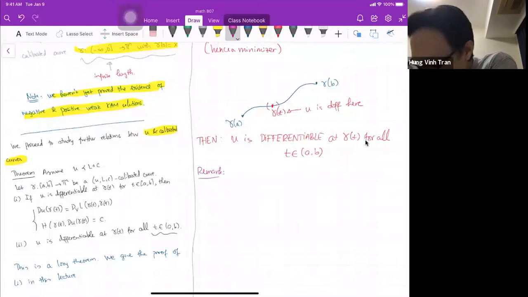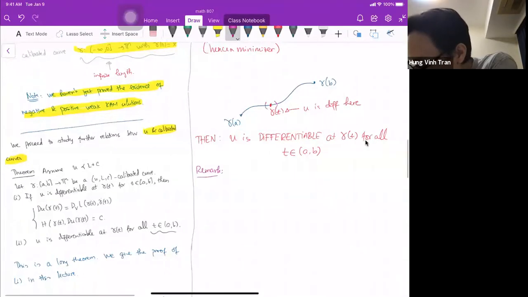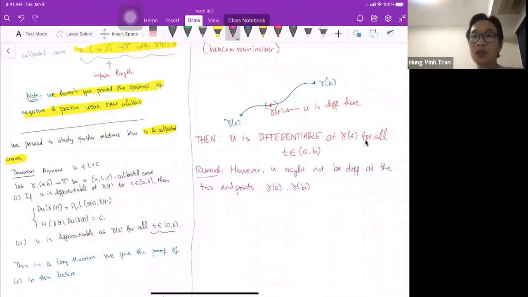However, you might not be differentiable at the two endpoints, gamma a, gamma b. Okay.